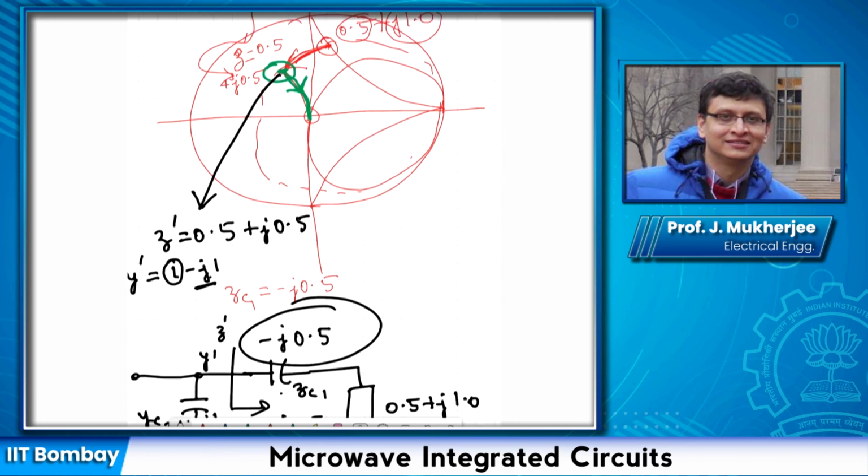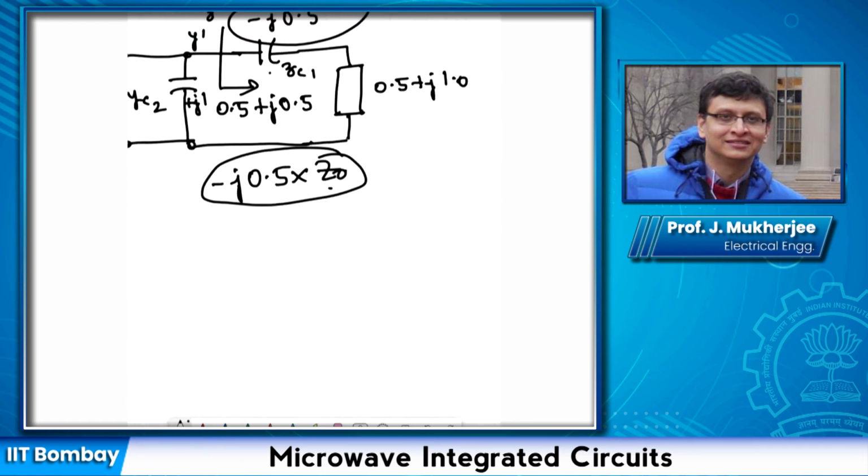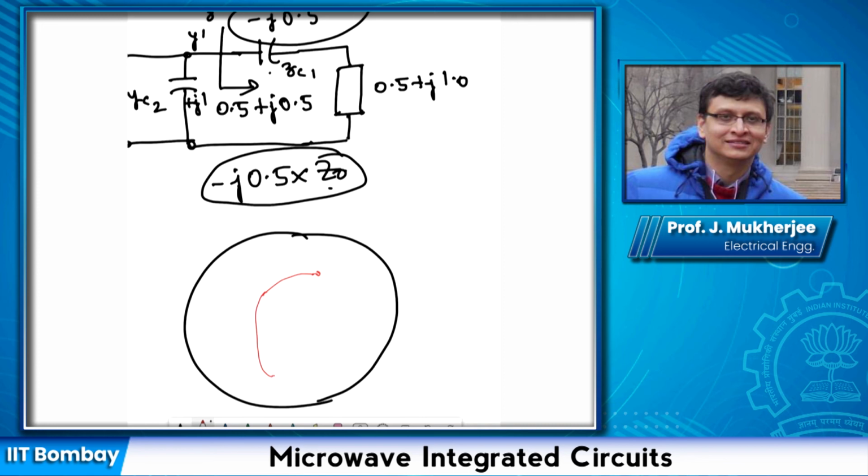So this is one path that we could follow. What is the other path that we could follow? We could have followed a path like this. So this was our starting point. We could have gone like this and then like this. In this case, the first part, the series reactance remains capacitive, but since the shunt path is going upwards, it will be inductive.